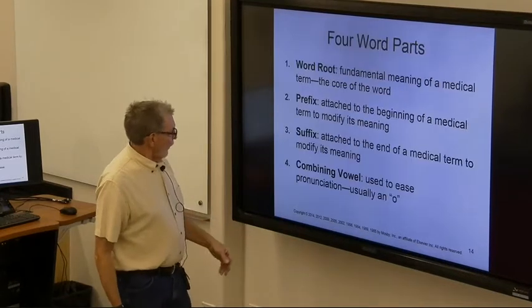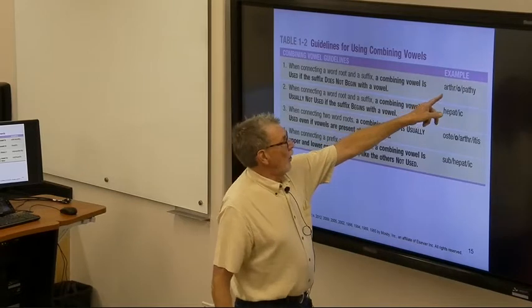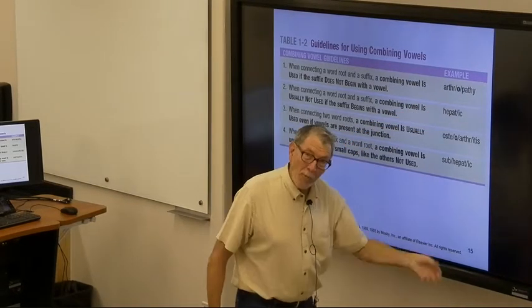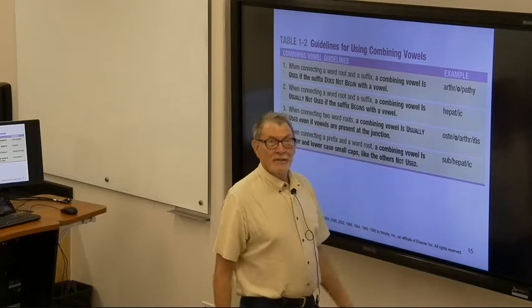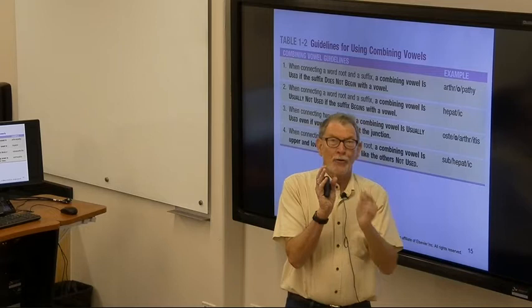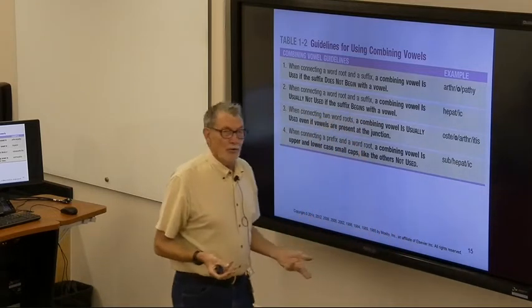Here we have arthropathy. Without the vowel it would be really hard to say. Arthropathy is not. So a lot of times if you have two consonants together, you'll stick a vowel in between them so that it makes it easier to say.